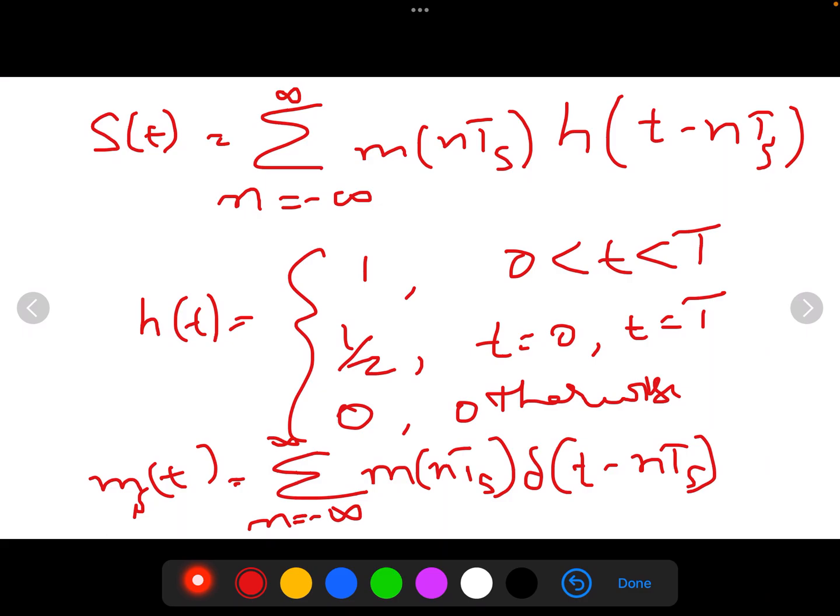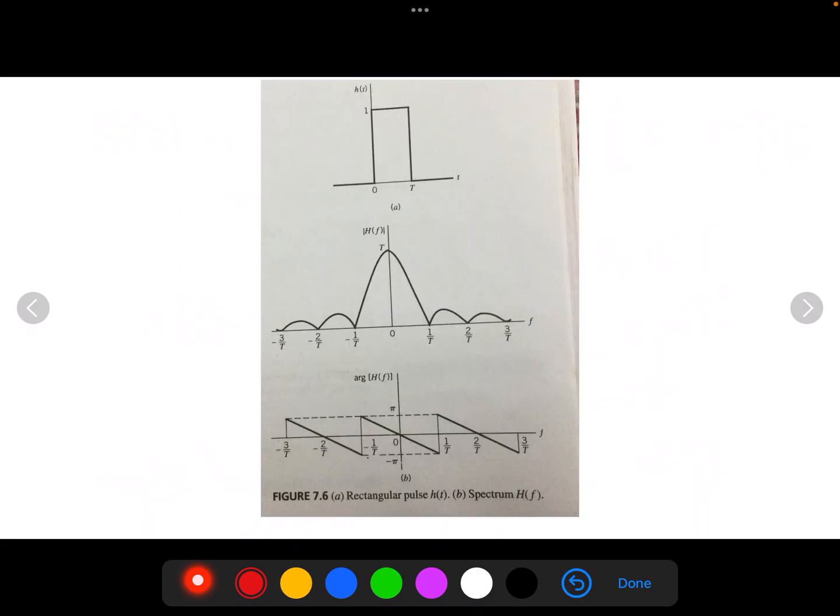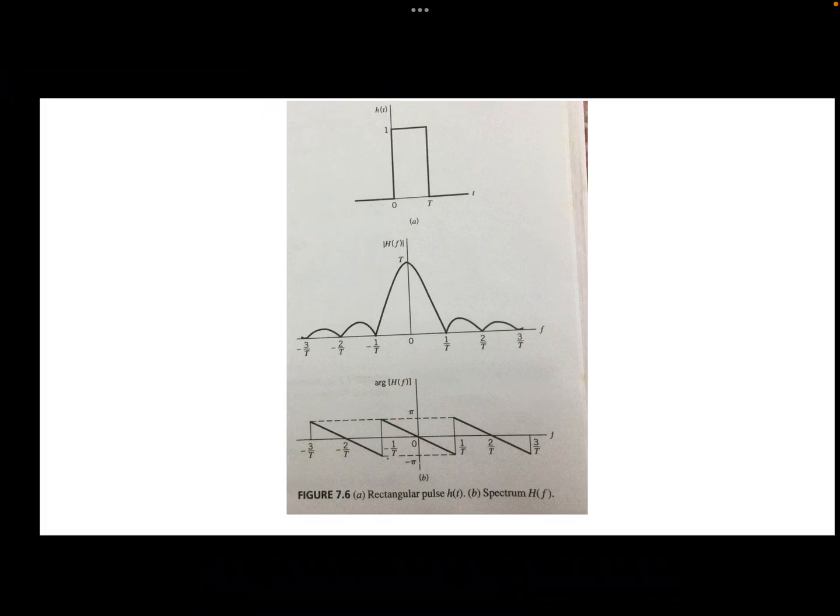So here delta of t minus nTs is the time shifted delta function. Therefore, convolving m delta of t with the pulse h of t, we get this form. This is your h of t, this is h of f, and this is the argument of h of f.